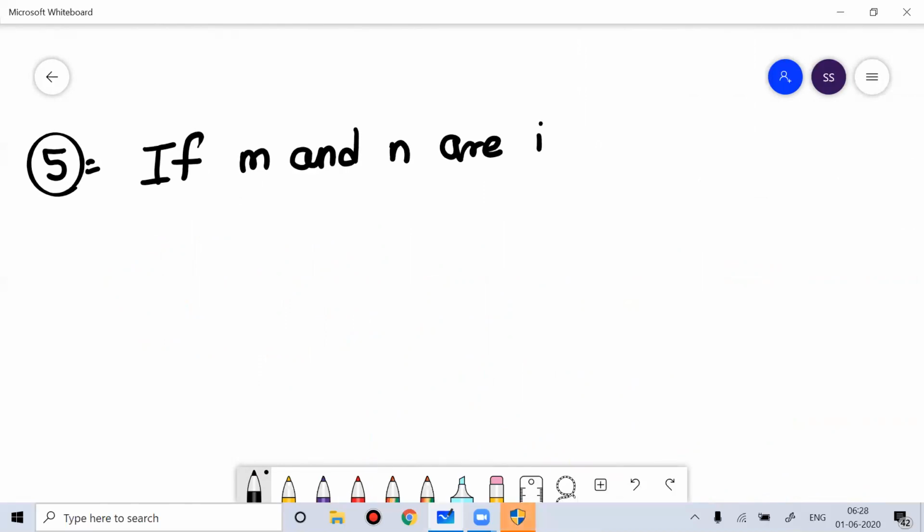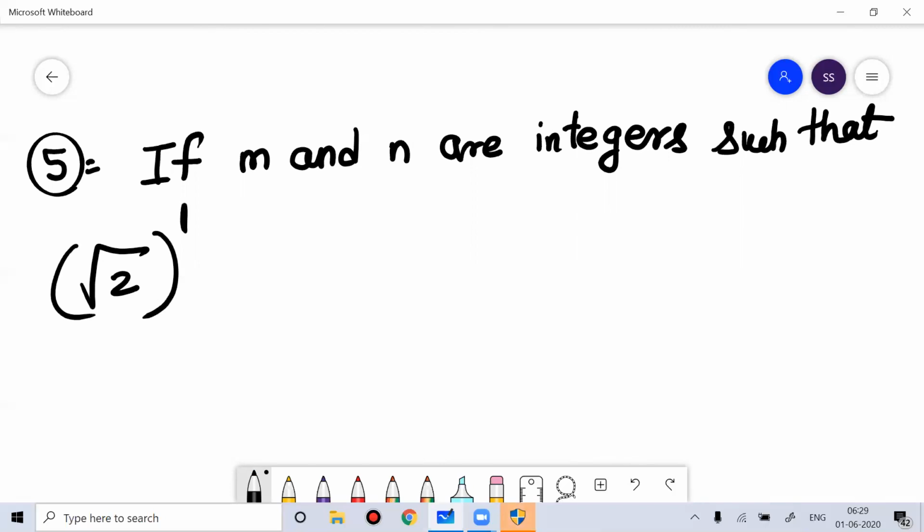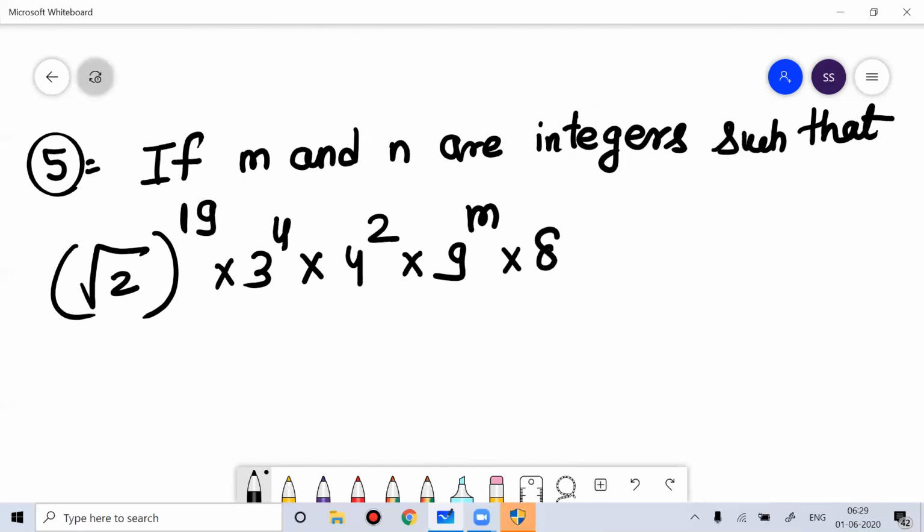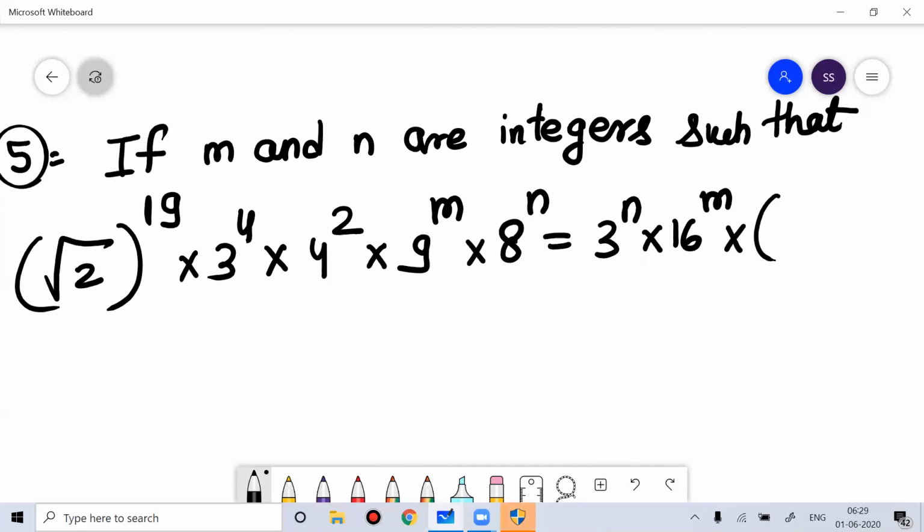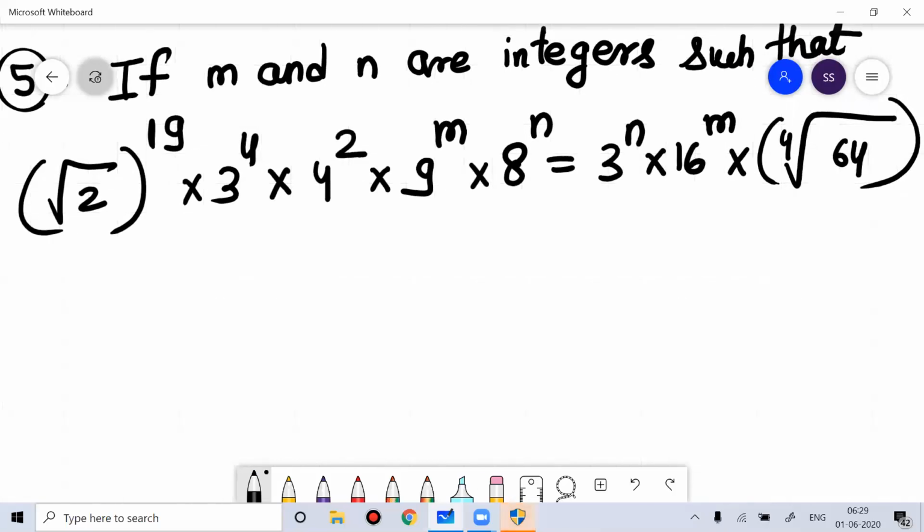If m and n are integers such that 2 to the power 19 into 3 to the power 4 into 4 square into 9 to the power n into 8 to the power n is equal to 3 to the power n into 6 to the power n into the 4th root of 64, then m is equal to? So you have to solve this.